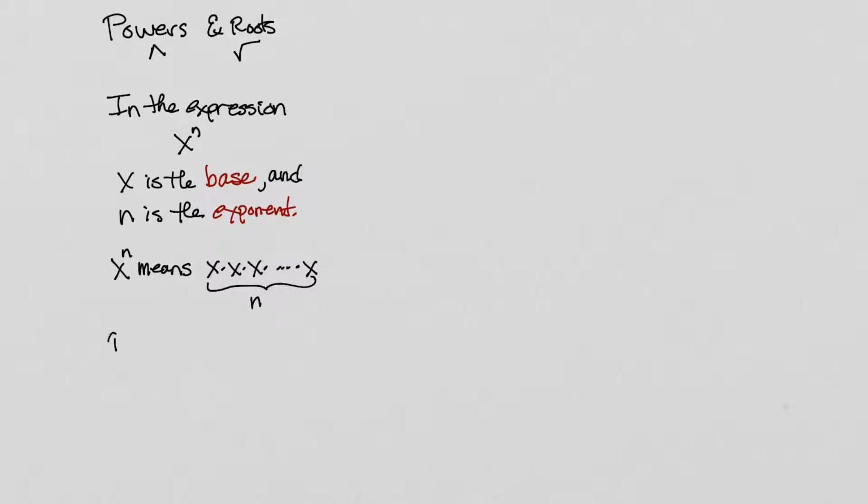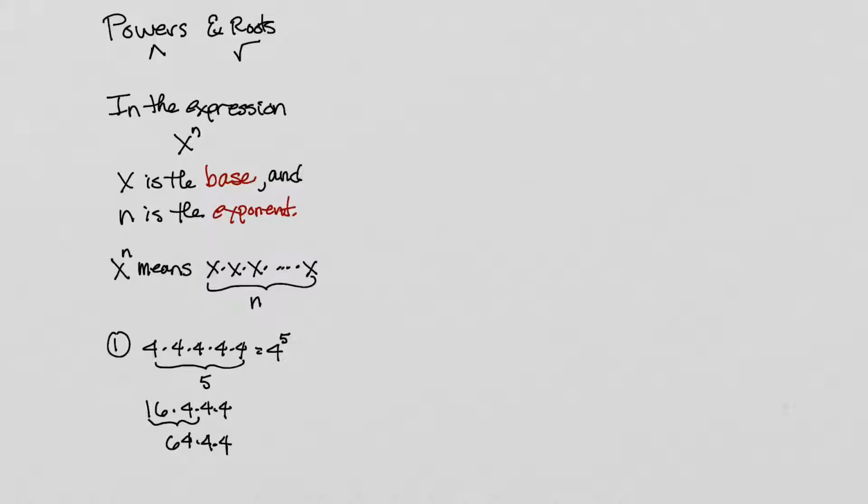So here's an example. How about if we have 4 times 4 times 4 times 4 times 4? I've got 5 of these 4s, so I'm going to write this in this notation: 4 to the 5th. Now if we actually multiply this out, here's what we're going to get. 4 times 4 is 16, so it's going to be 16 times, and then we've got 3 4s left. 16 times 4 is 64.